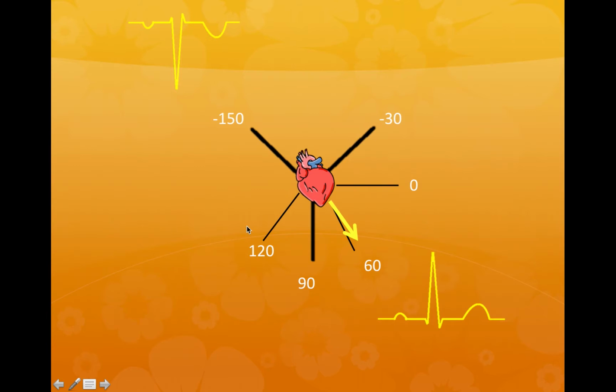The reason why we can do this is because here is the electrical impulse, and here we're going to see a big QRS complex. Everything in this half is going to show up as positive. If we're perfectly in the direction of the axis, then it's going to be a big positive, a big tall QRS wave.